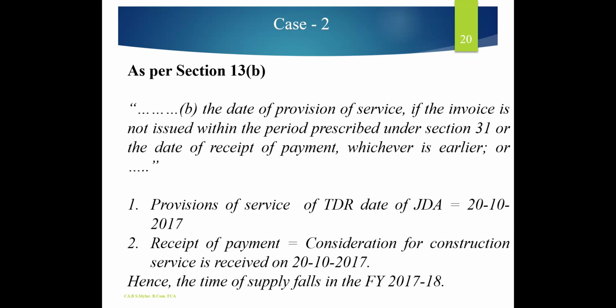And can we say that section 13B is triggered because of the payment, which is the same argument we took in the previous example? The one view is the time of supply falls in the year 17-18 and the tax should be paid in the year 17-18 itself. There is no further demand which is possible in the subsequent period.